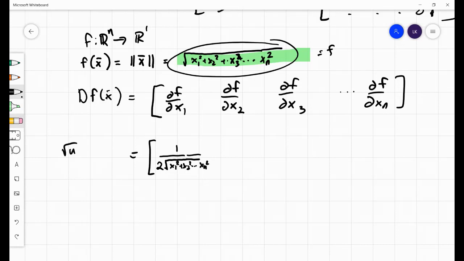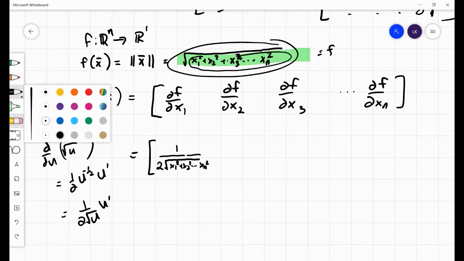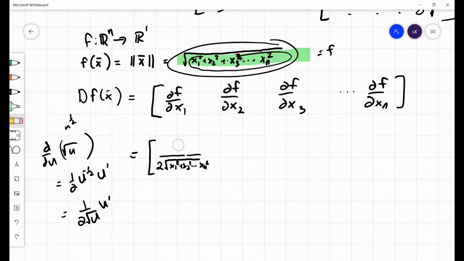right? So just to make sure, all I'm doing is essentially a chain rule here. That's u to the 1/2. So we can use the power rule for derivatives. Right, so then I multiply by the derivative of the inside, and I'm differentiating the inside with respect to x1. So I'm just going to get 2 times x1.